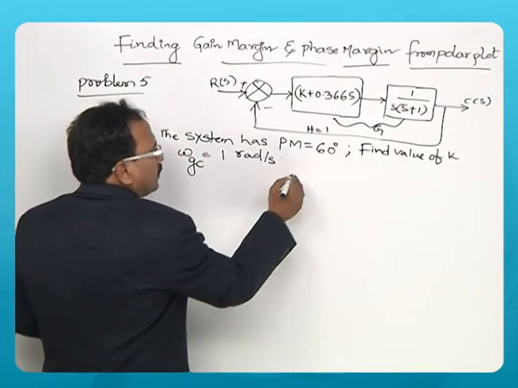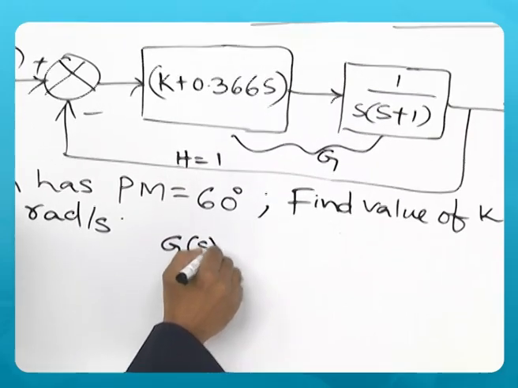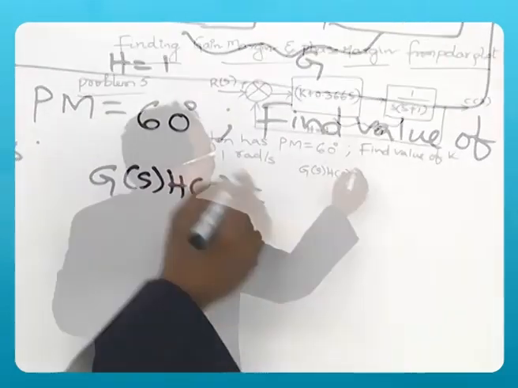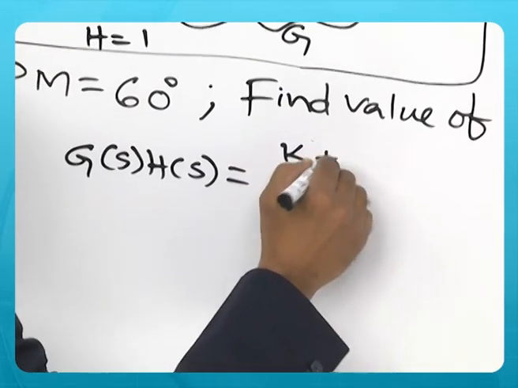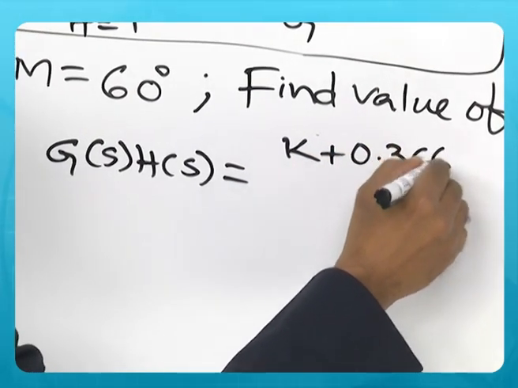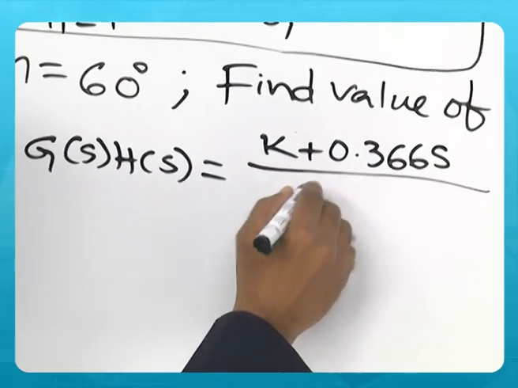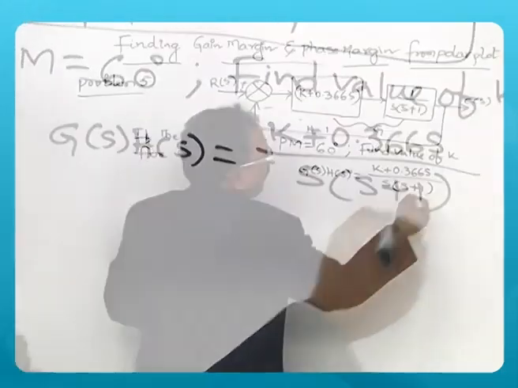So we can write G of S into H of S as the product of these two terms, K plus 0.366 S by S into S plus 1.